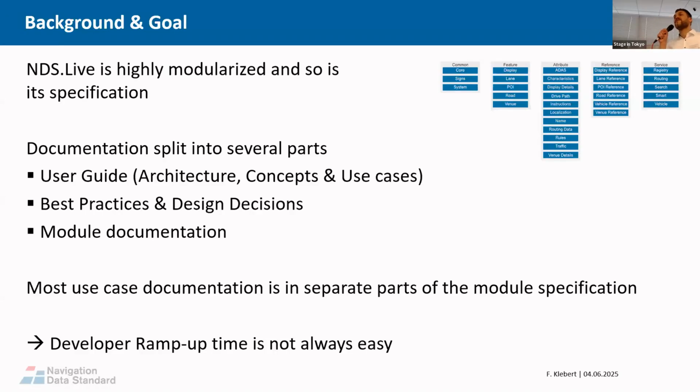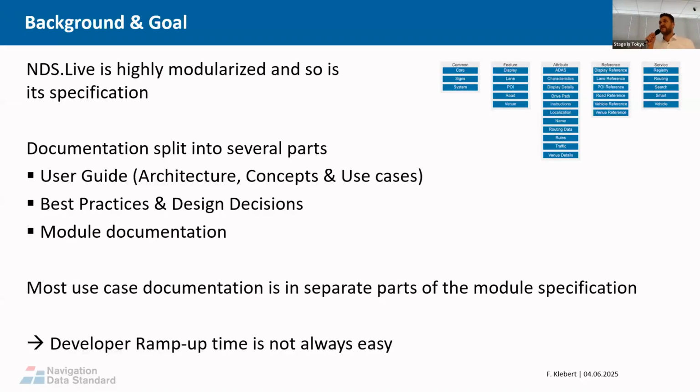But it also means that the documentation needs to be split in many parts, right? So the documentation is at the moment split into a user guide where the architecture and the overall concepts are explained. And then there are best practices and design decisions. And then there's a huge part in the module documentation.